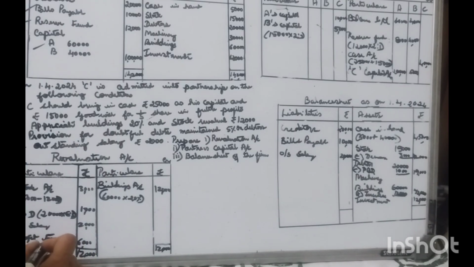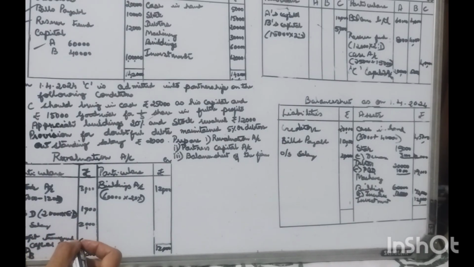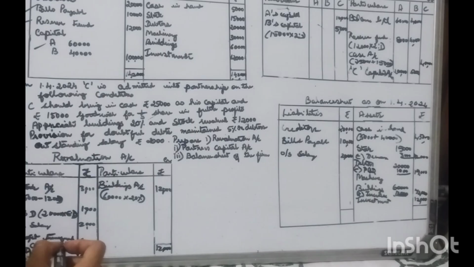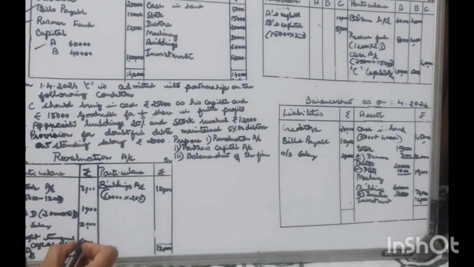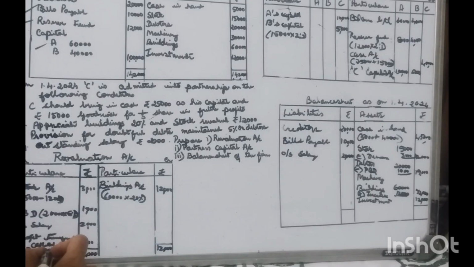Old partners' capital account, because only old partners A and B are entitled to a share of this profit. 6,000 into 2 by 3, 6,000 into 1 by 3, that will be 4,000 and 2,000.